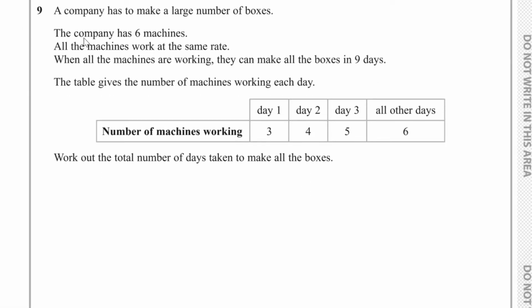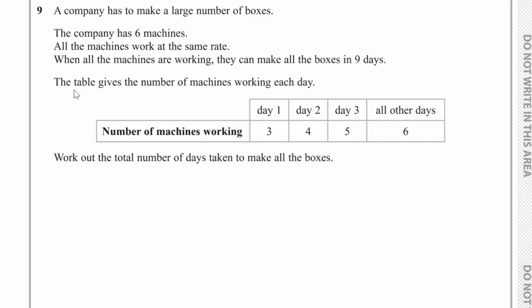Question number 9. A company has to make a large number of boxes. The company has 6 machines. All the machines are working at the same rate. When all the machines are working, they can make all the boxes in 9 days. So this is if all the machines are working.